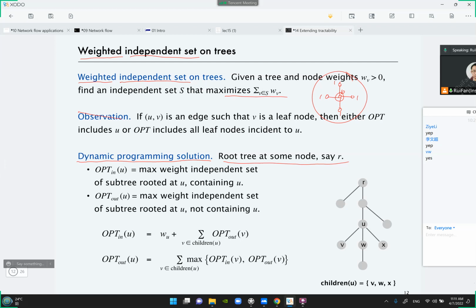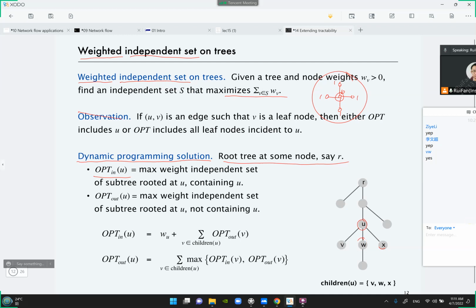The reason we need to talk about subtrees is because in our dynamic programming algorithm, we're going to define these two things. Suppose you have a node over here. Then either you can add this node to your independent set or not add it. In the first case, if you add this node to your independent set, then you cannot add any of the children nodes of this guy. Sorry, I drew this incorrectly.